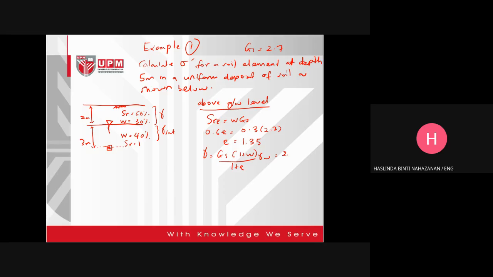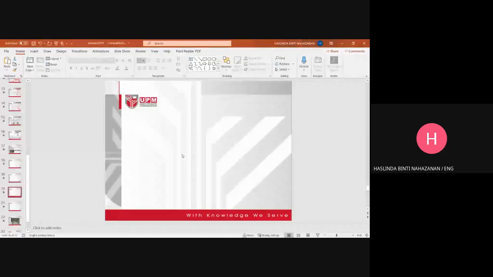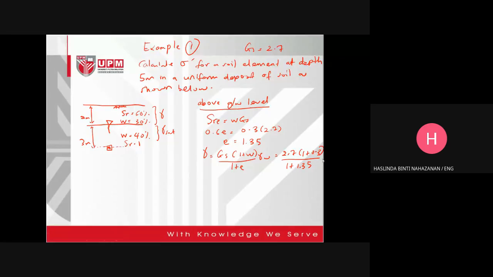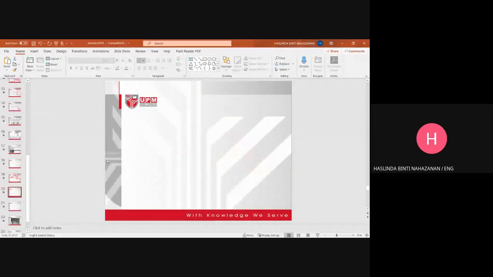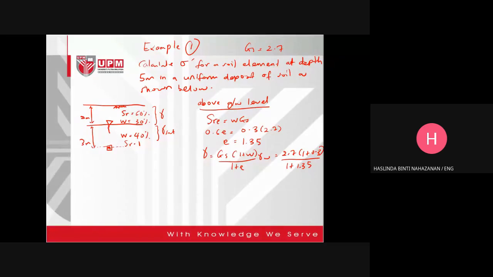So it is 2.7 times (1 plus 0.3) divided by (1 plus 1.35), multiplied by the unit weight of water, 9.8.